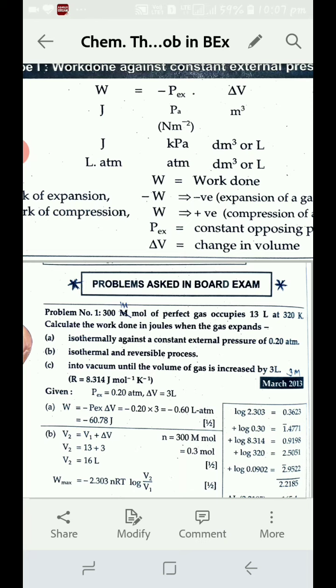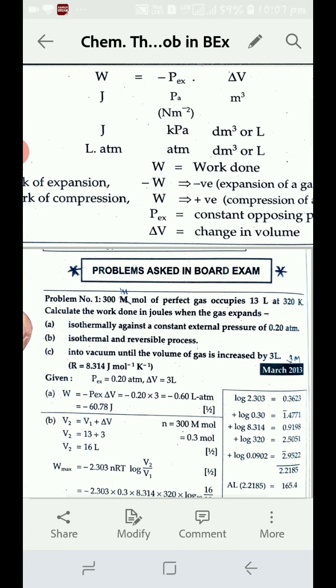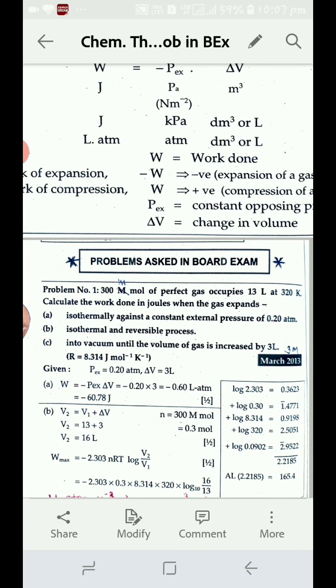Now you can substitute the values in the formula. n is equal to 0.3 mole, R is equal to 8.31 joule per Kelvin per mole, T is equal to 320 Kelvin, V2 is equal to 16 and V1 is 13. You have to write the log calculation on one side.